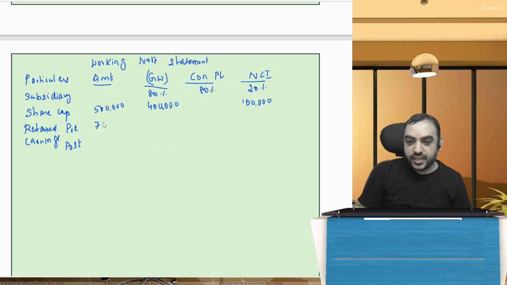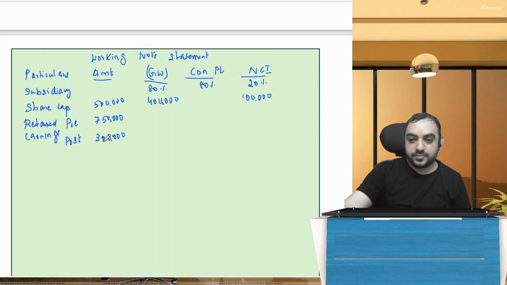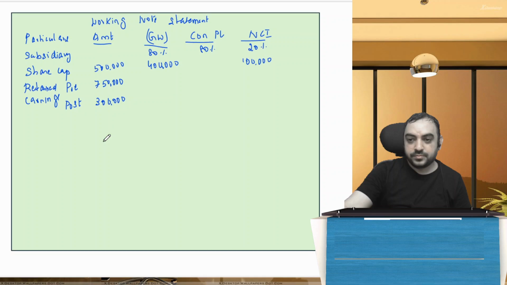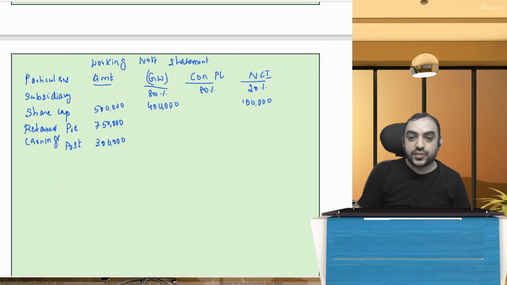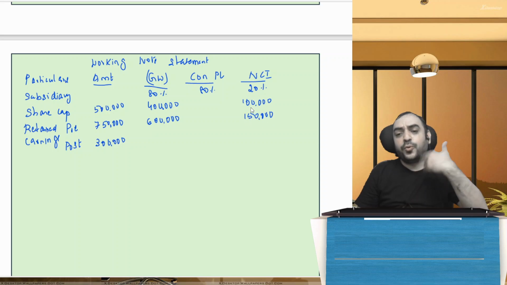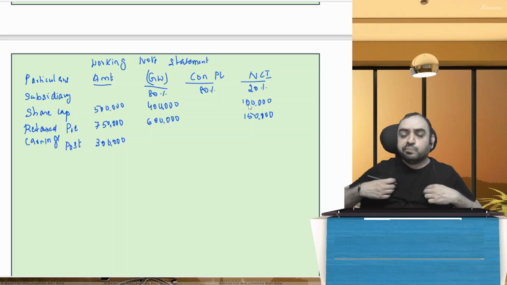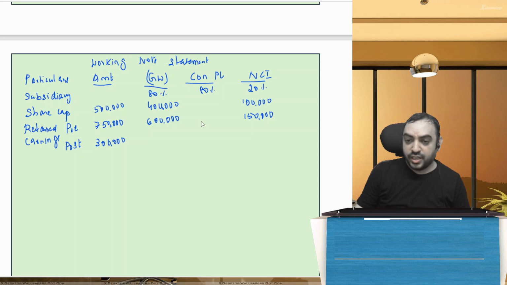So 7,50,000 and 3 lakh. So 7,50,000, 80%, that is 6 lakh. And 20% is 1,50,000. 3 lakh is post acquisition, so I will take it in ConPL, 2,40,000 and 60,000.